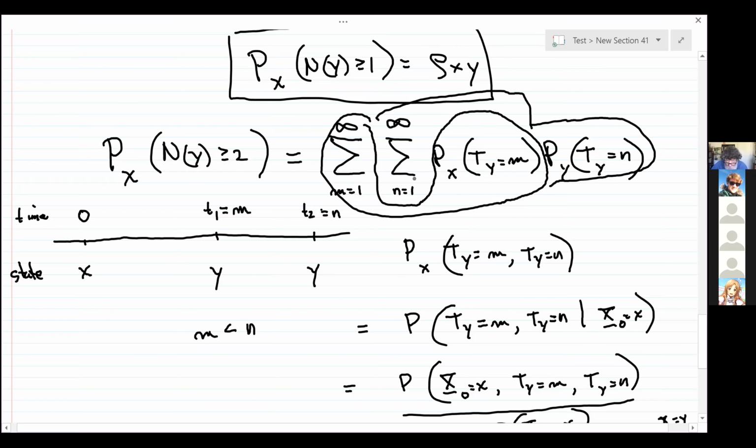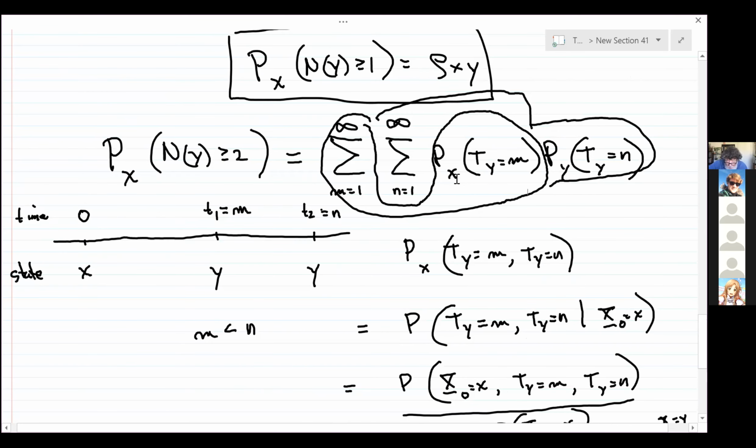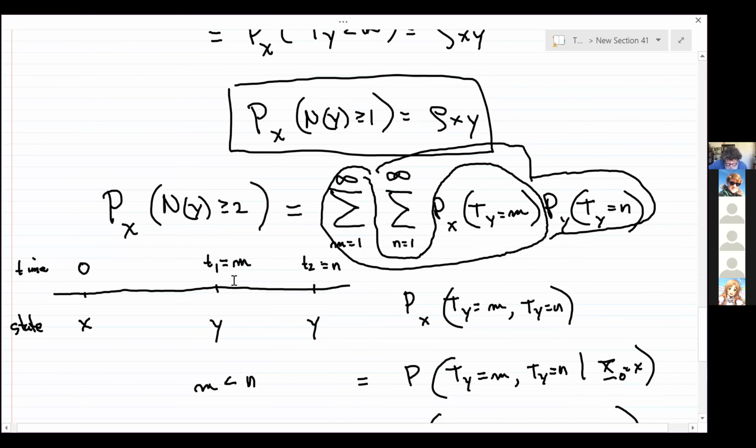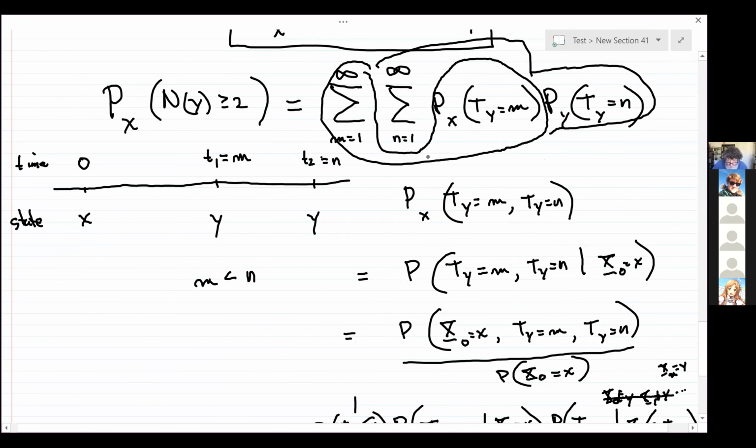So the sum over m involves this, the sum over n involves that. And if you look at that, what you get is just this. This one is starting at x, the chance that you get to y in n units of time, but n could be anything. So that turns out to be rho xy.